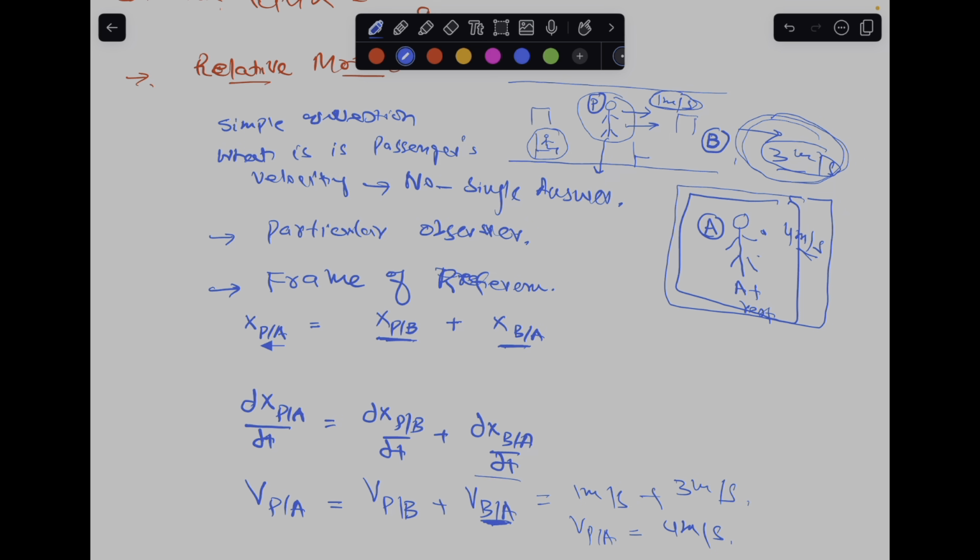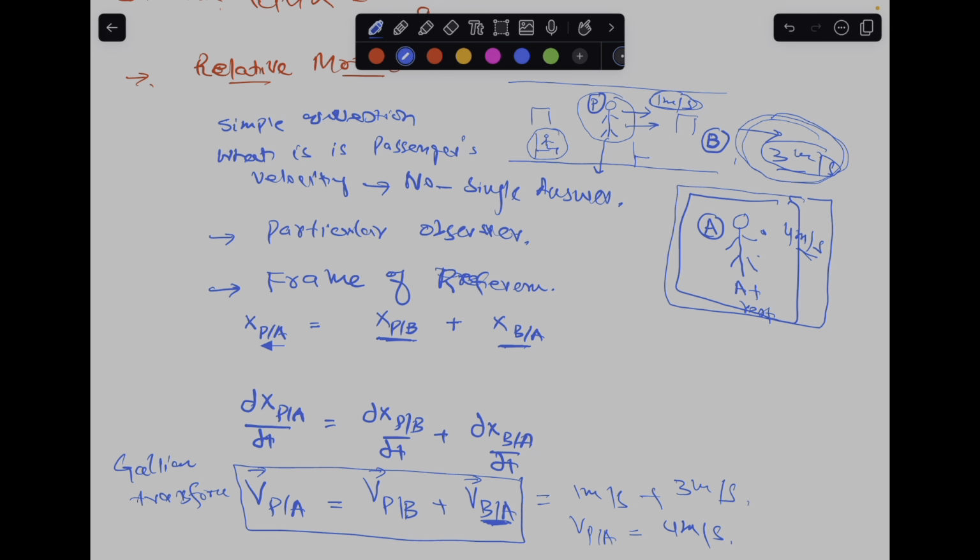So this is the Galilean transformation of velocity. This is in 1D, and we can generalize it to 3D, and then it will become a velocity vector.